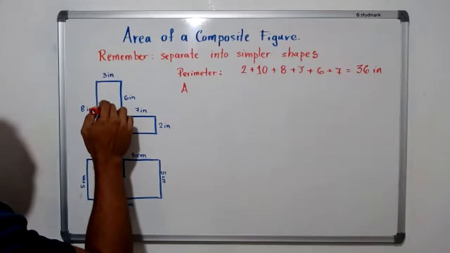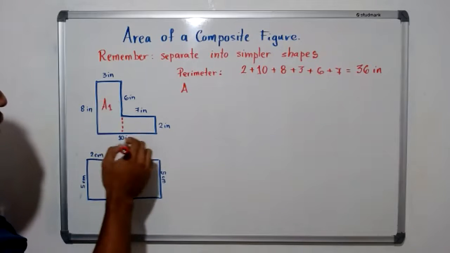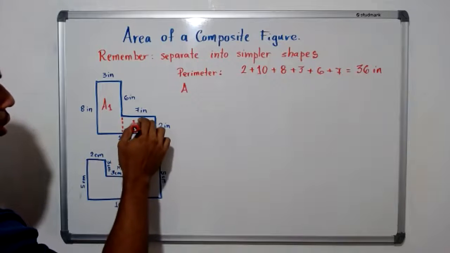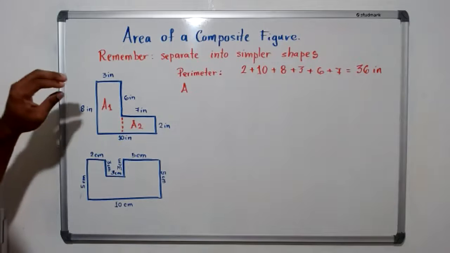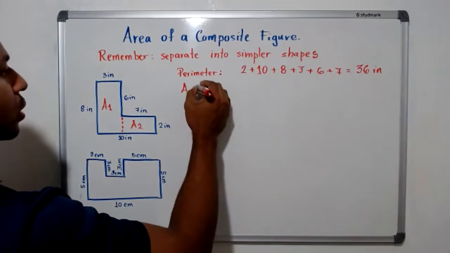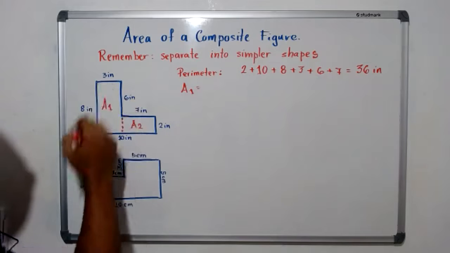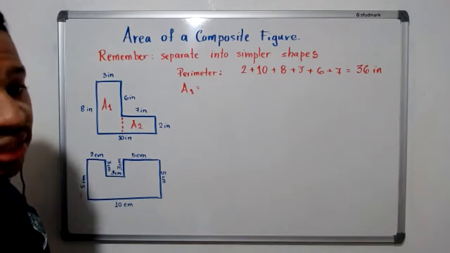And we have here area number 1, and we have here area number 2. We have 2 areas that we need to add to find the space of this shape. The area number 1 is given by a rectangle, and area number 2 is the second rectangle.